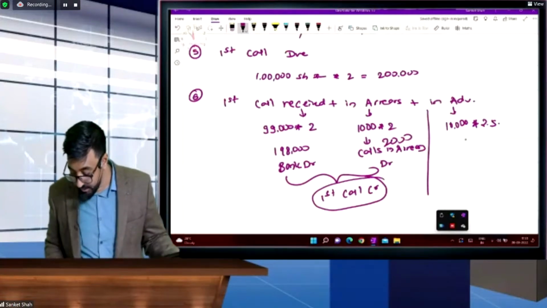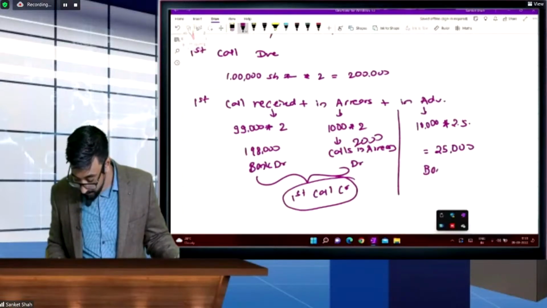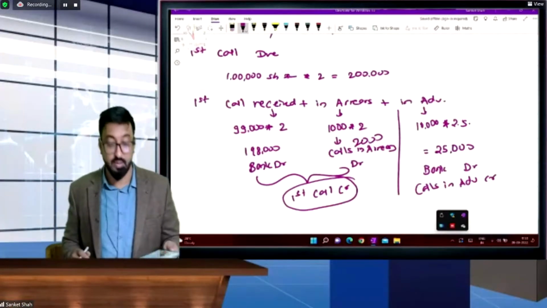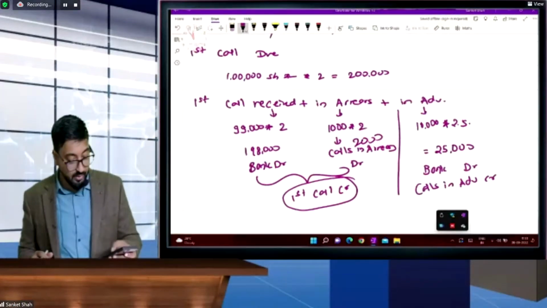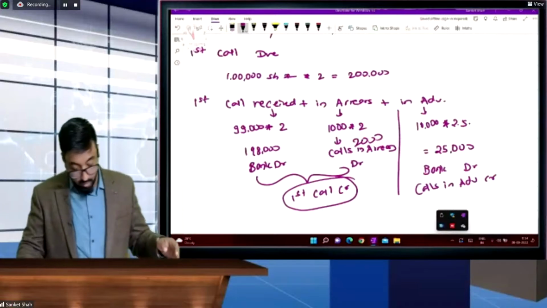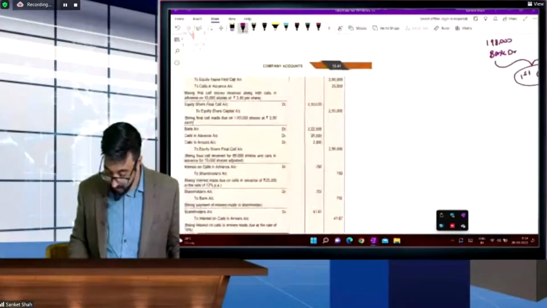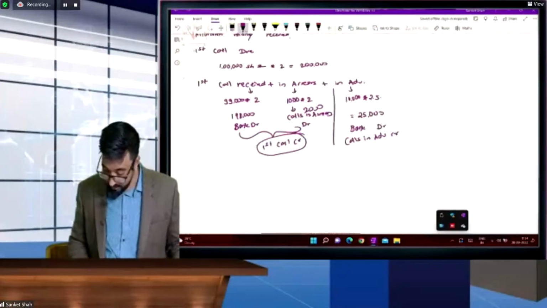Then 10,000 into 2.5, 25,000, bank account debit and calls in advance account credit. 25,000. So total bank is debited.